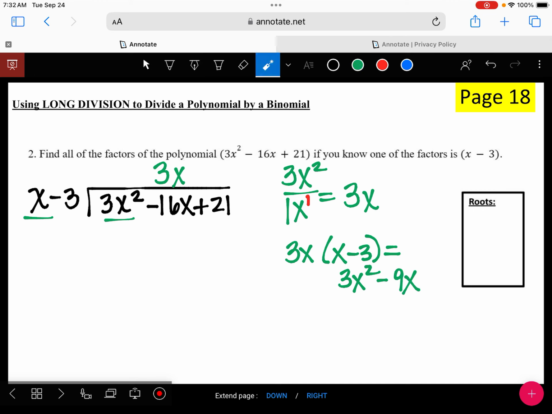So before we slide this over, we need to do a change. Do you see how this is positive and a negative? When I bring it over, I'm going to make this term negative and the second term positive. So I'm going to make it a negative 3x squared and a positive 9x. Okay, when we do that, this first term is always going to cancel out just like that.